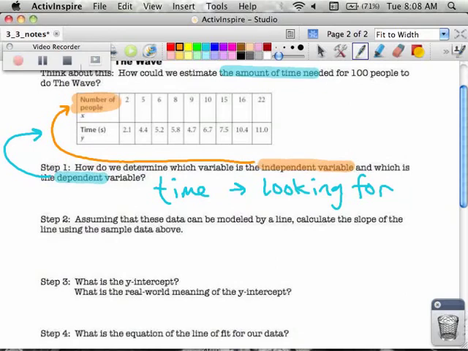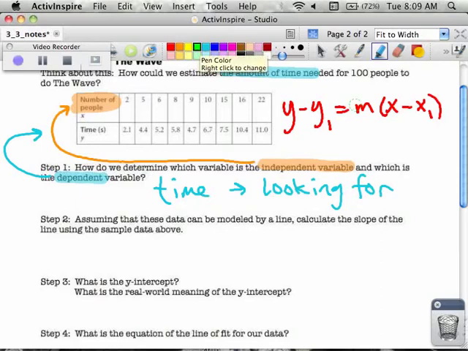Okay, so now it says, let's assume that this stuff can be modeled by a line. So we put these things on a graph, scatter plot. Looks like the dots kind of line up for the most part. We're going to make some predictions. And I want to make a line. So in order to use our equation that we were talking about earlier, which was this y minus y1 equals m times x minus x1 thing, this point slope form of a line, recall that this thing is talking about that you have a slope and that you have some point.